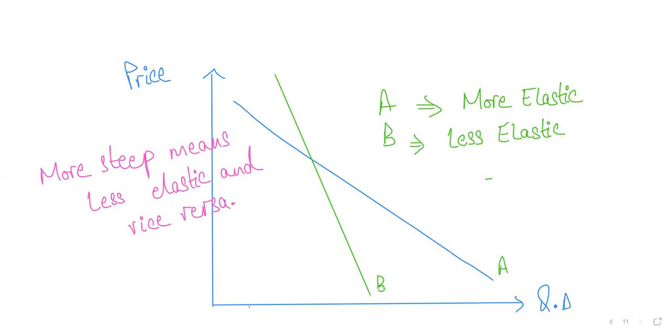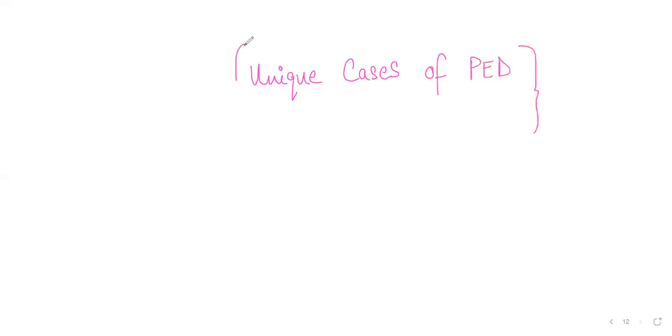If this is clear, then next we'll talk about unique cases of price elasticity of demand in tomorrow's class. So far we have only discussed two cases, more elastic and less elastic. Tomorrow we'll talk about what other cases there are apart from these two.